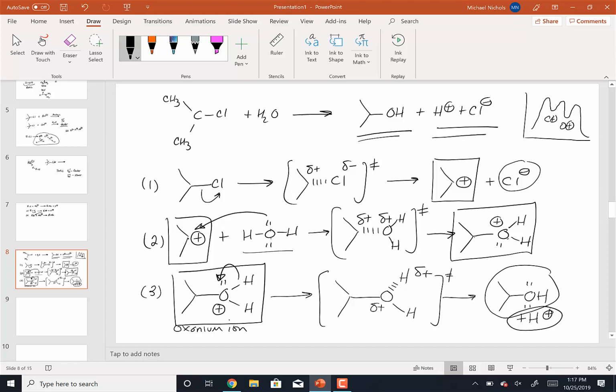Is each hump lower than the last one? Well, the rule is, what's the rate determining step here? The rate determining step is still step number one. So the rules of kinetics say that the biggest activation energy is going to be the rate determining step.